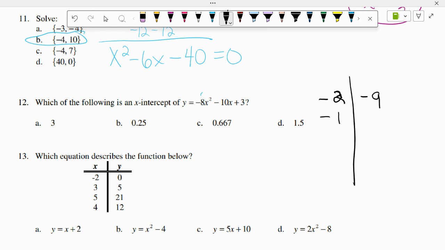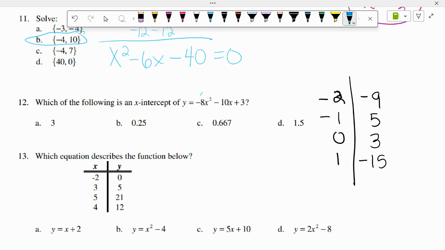When x is negative 1, y is positive 5. When x is 0, y is 3. And when x is 1, y is negative 15. So it's already made its turn. It would have crossed through 0 somewhere here and somewhere here. So your roots are going to be in between negative 2 and negative 1, or in between 0 and 1.